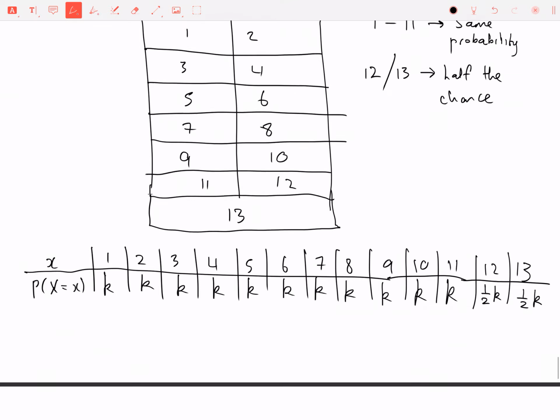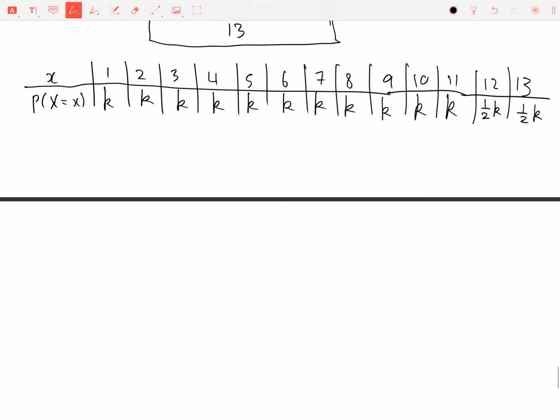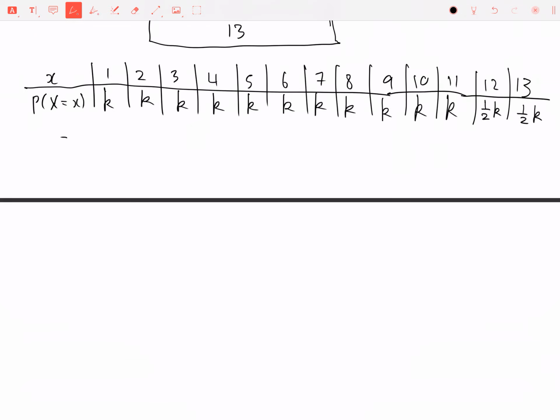Now, I need to find this value of k. What do we know about probability mass functions? That if we sum up all the events from this sample space, we should get 1. So that's an important formula to remember. So let's go ahead and add up all those values.